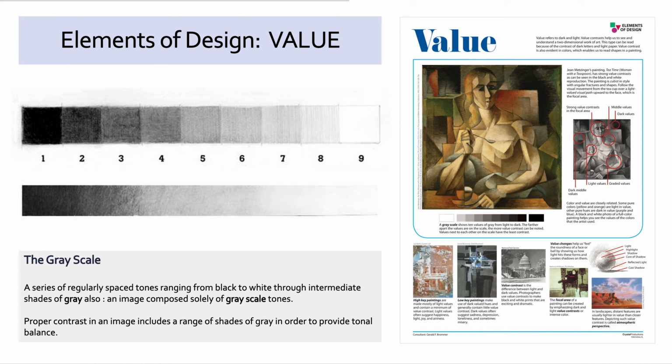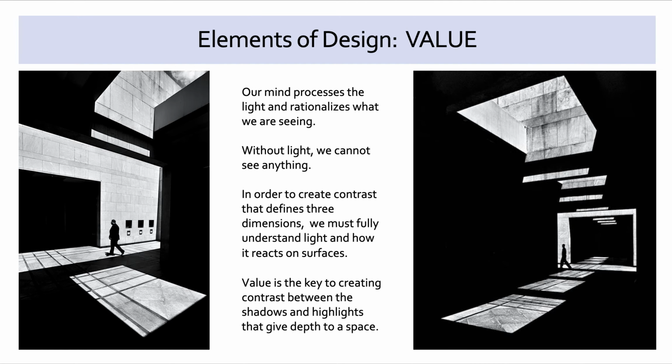And grayscale is part of that value, right? So we go from white to black and the series of grays in between, and those values give us our three dimensions. So our mind will process the light and then try to rationalize what we're seeing. For instance, if you turn off all the light, we won't see anything.